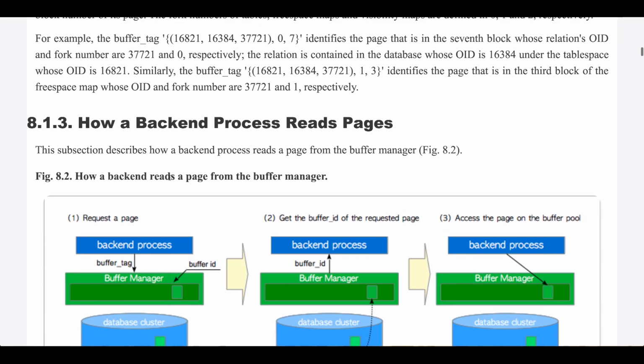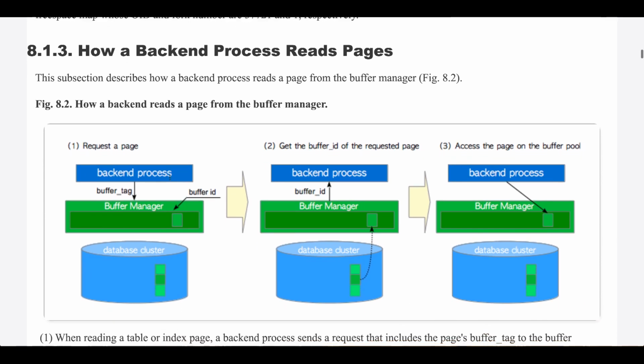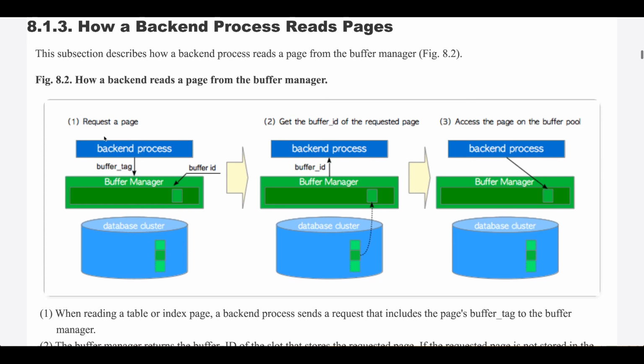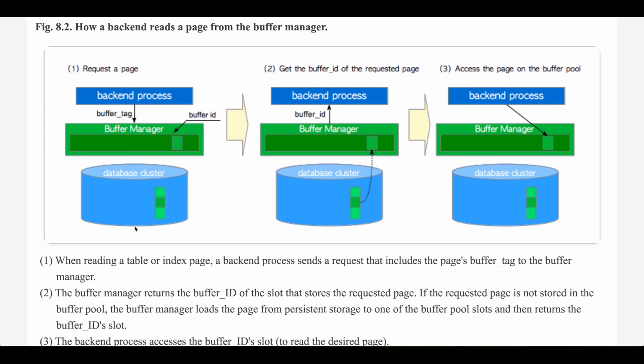8.1.3 How a backend process reads pages. This subsection describes how a backend process reads a page from the Buffer Manager. When reading a table or index page, a backend process sends a request that includes the page's buffer tag to the Buffer Manager. The buffer manager returns the buffer ID of the slot that stores the requested page.